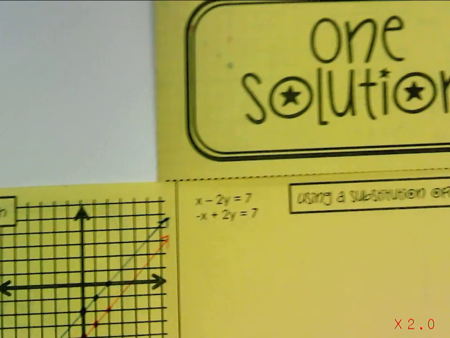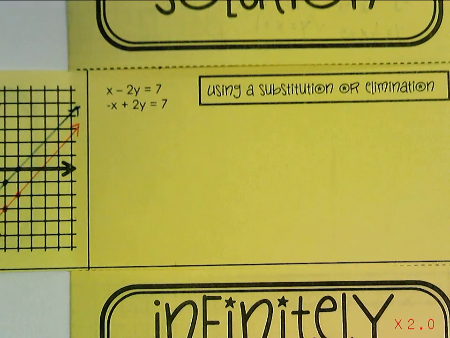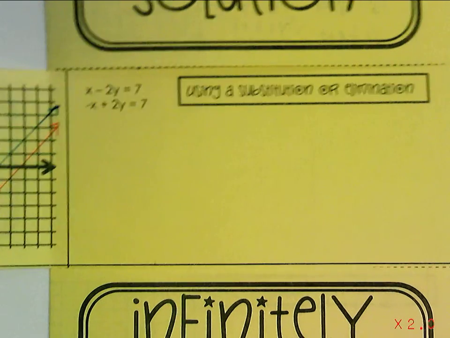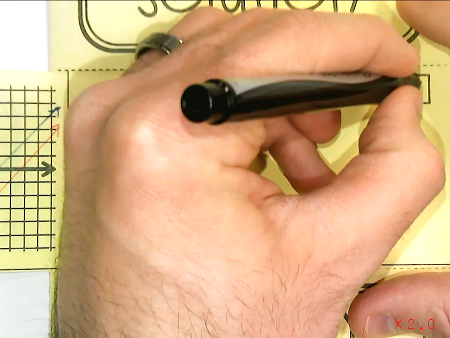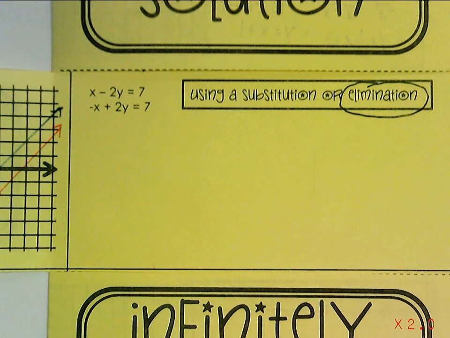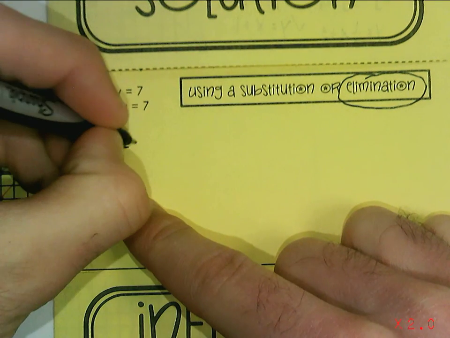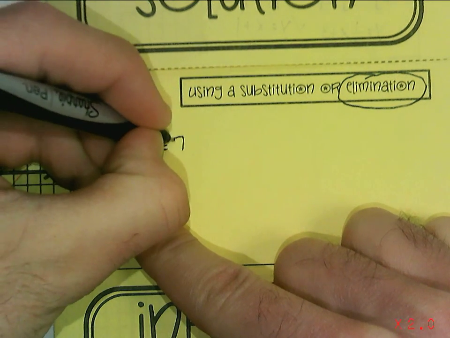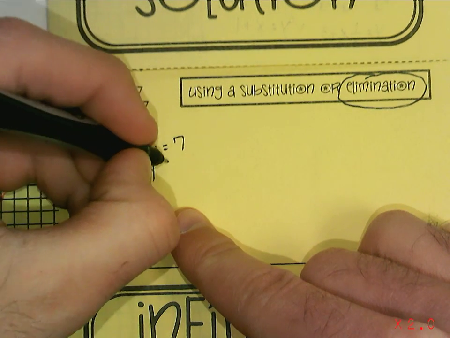So let's look at one then using substitution or elimination. And in this case, I would definitely use elimination again because they're both in standard form. And I can already tell that this one's going to be easier to solve. So we have x minus 2y equals 7, and negative x plus 2y equals 7.